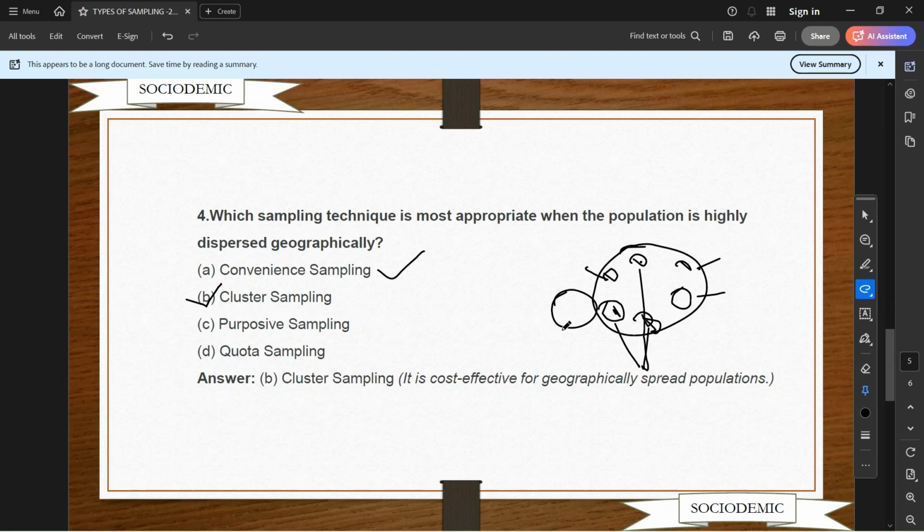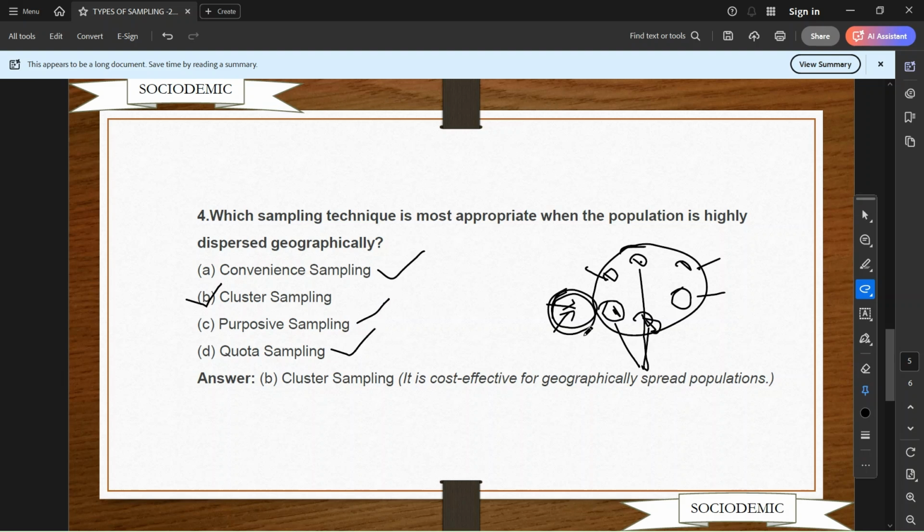So you fix one date. Whoever students are available on that date, we take their opinion, not all the students of that university. You are just taking the opinion of whoever attended on that particular day. That is called convenience sampling. We are omitting those who are absent.